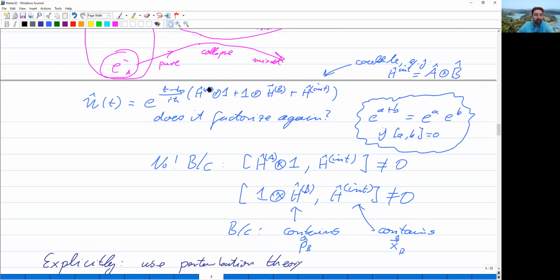But what we can do is remember that the exponentiation of the operator here is a series, right? The exponential is a series, the function of the exponential series. So this is really a series in powers of this operator here.